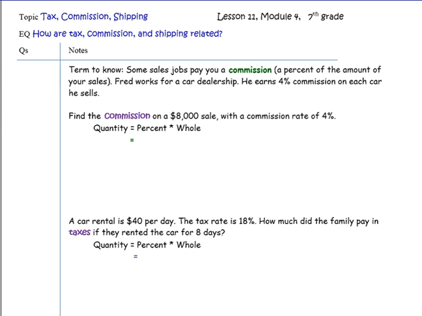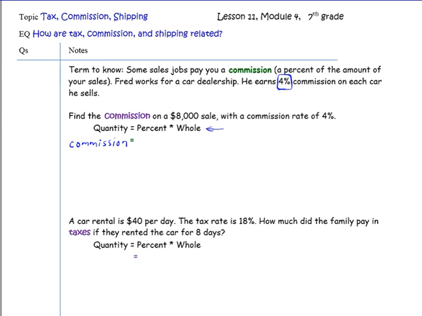With most percent problems, we'll be starting out with the common formula of quantity equals percent times whole. The quantity represents the commission. The commission rate is 4%, and the amount of the sale is the whole.